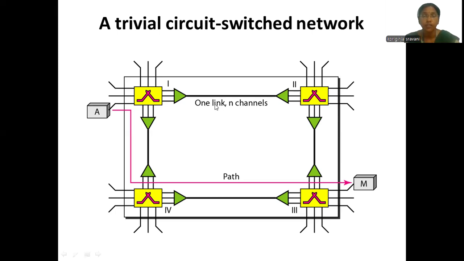To divide a link into n channels, we can use frequency division multiplexing or time division multiplexing. For example, for each switch we have 3 ports here. One of the ports, that is A, the source computer, wants to send data to a port of the third switch, that is M. So M is the destination, A is the source.